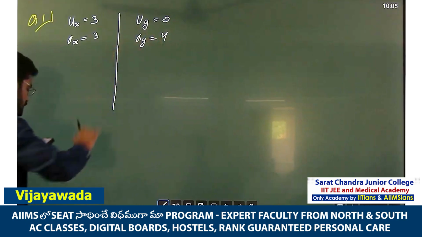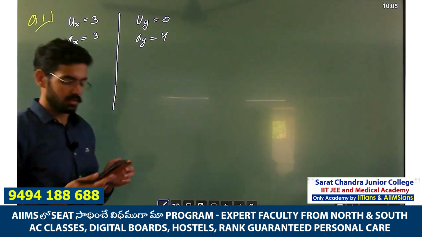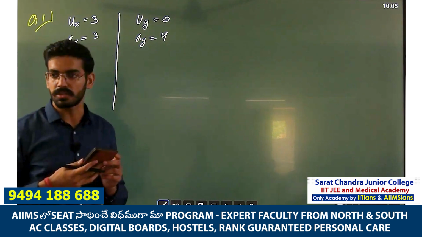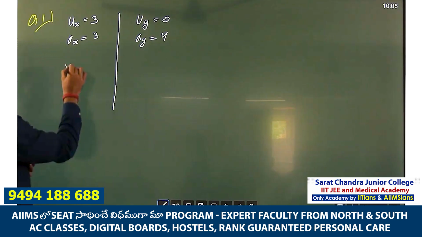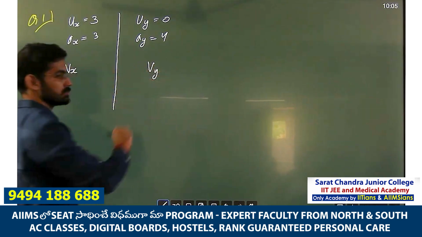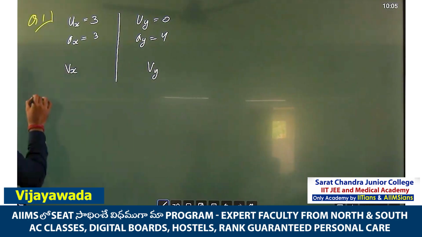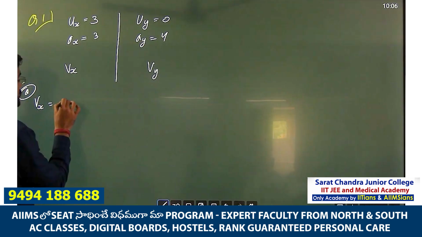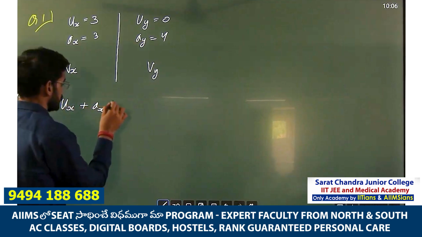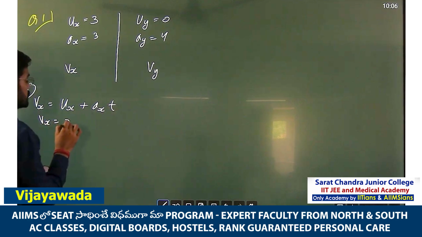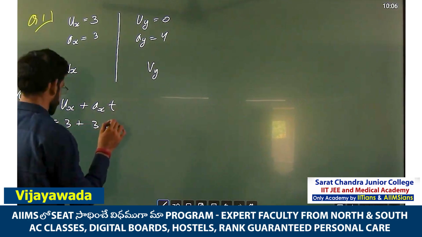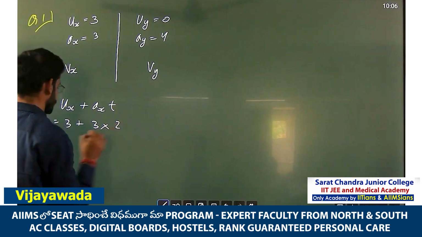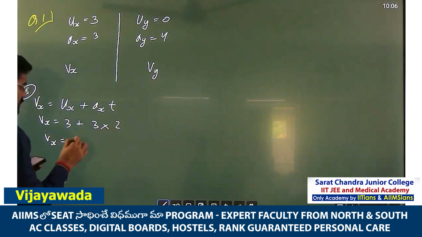Agree? These are the values given. He asked velocity at t equal to 2 seconds. So you solve for Vx and solve for Vy separately. V is equal to u plus at. So Vx, A part I'm solving, will be 3 plus, you can say ux plus ax into t. 3 plus 3 into 2 seconds, so this is 9.